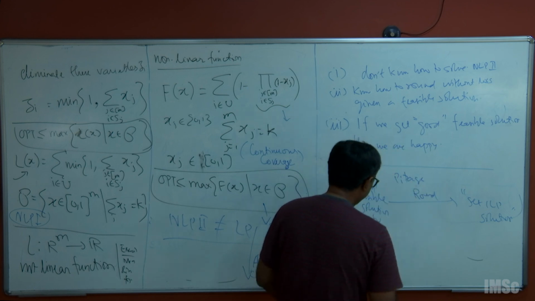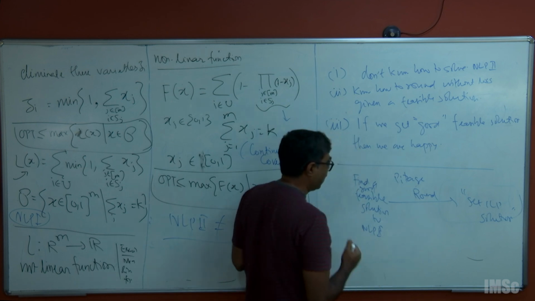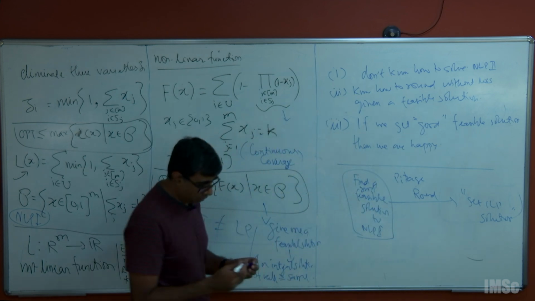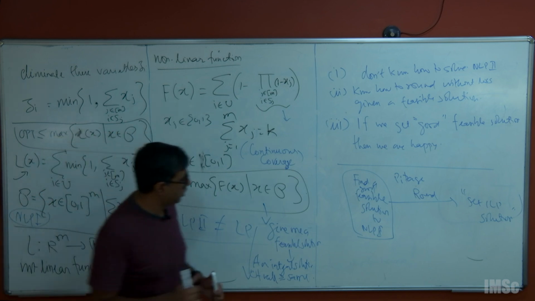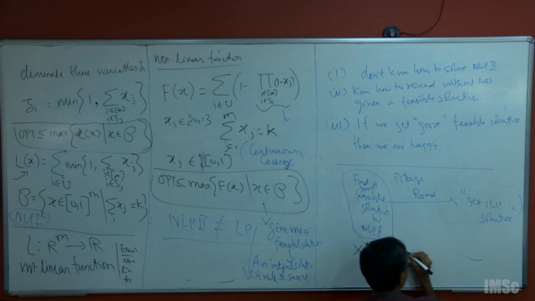Now notice, because in this rounding there is zero loss, where will we lose? Here. So if I can show that I have found a solution x star such that its value is at least opt by alpha, or opt by some constant c, then what am I returning here?